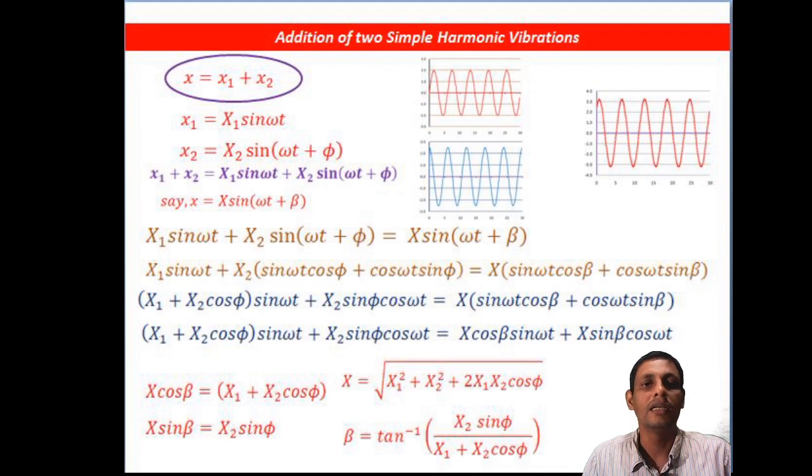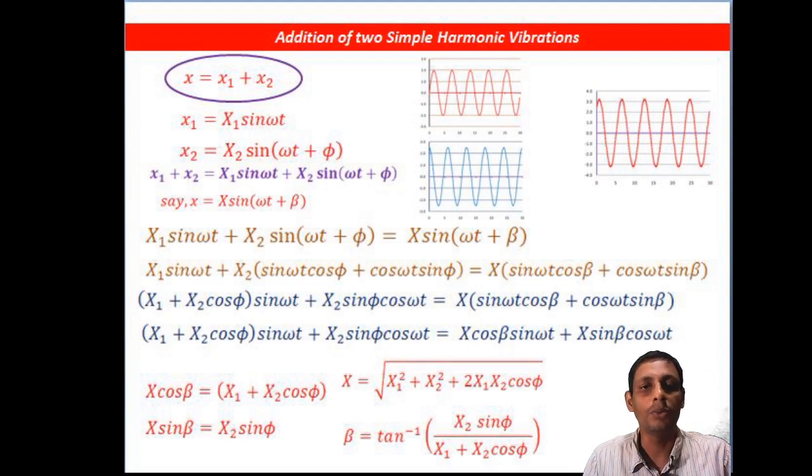There is an X sin omega t term plus that phase difference. Because both the waves are of the same frequency, the output will also have the same frequency. Now, the amplitude will be different from the amplitude of the first one and the amplitude of the second one. That will be a totally different parameter. We assume it as capital X.